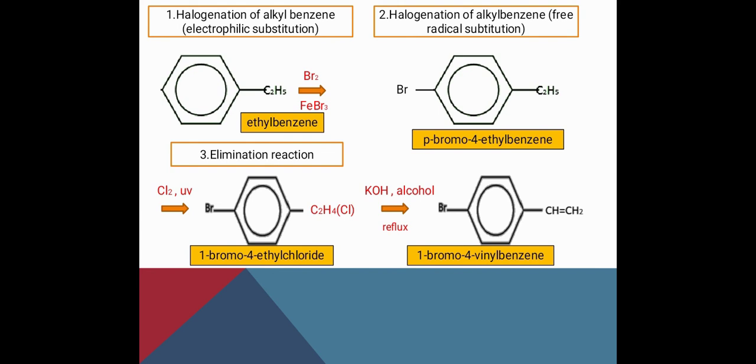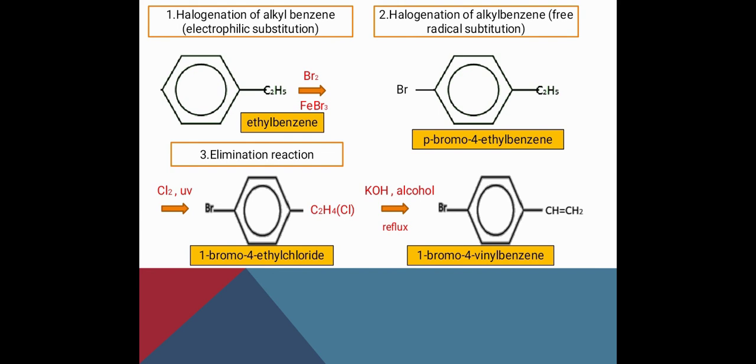Second, halogenation of alkyl benzene, which is free radical substitution of alkyl benzene. The p-bromoethylbenzene or 1-bromo-4-ethylbenzene will react with Cl2 and UV, so the product will be 1-bromo-4-ethyl chloride.